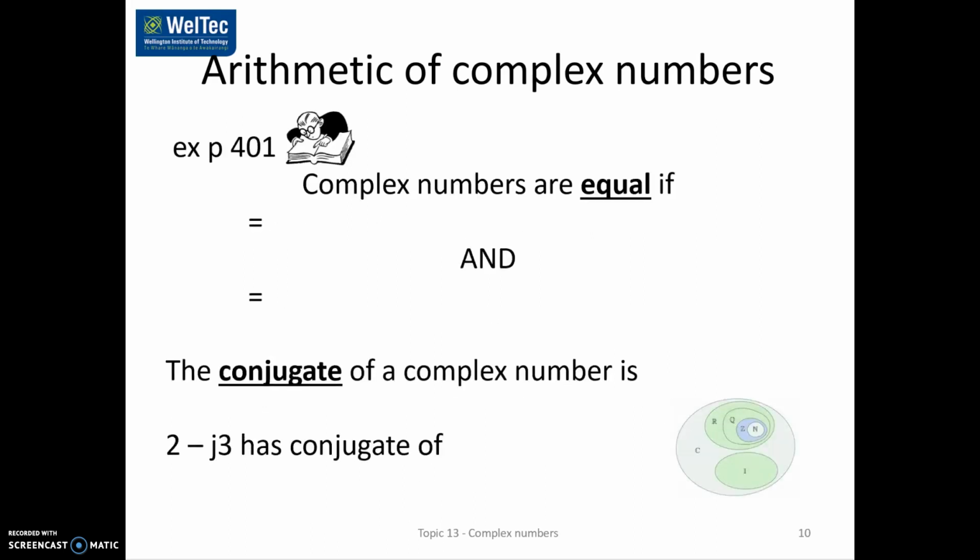We can talk about complex numbers being equal. We talk about complex numbers being equal if their real parts are equal and if their complex parts are equal.